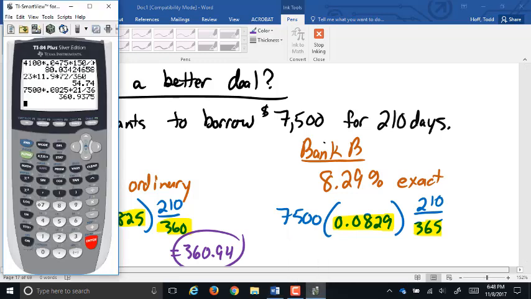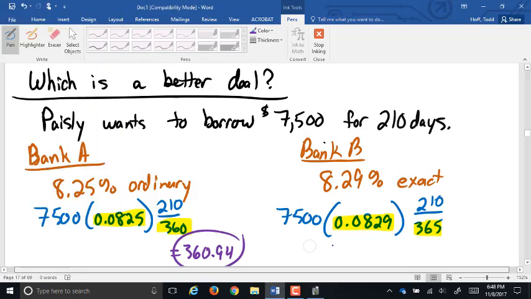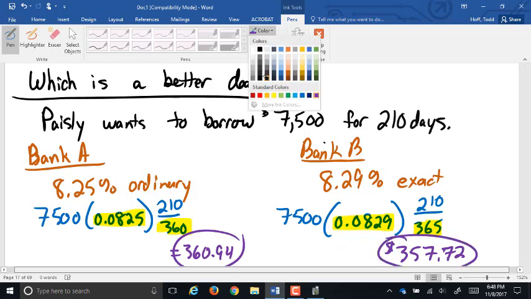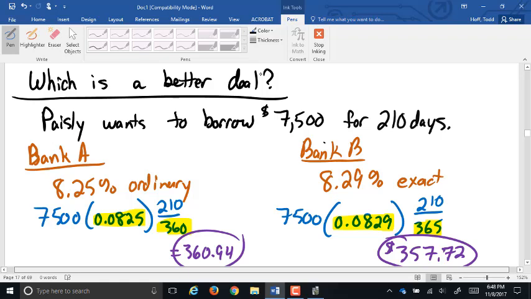Bank B is $357.72. So Bank B is going to be slightly cheaper, even though the interest rate is higher, because it's calculated exact instead of ordinary.